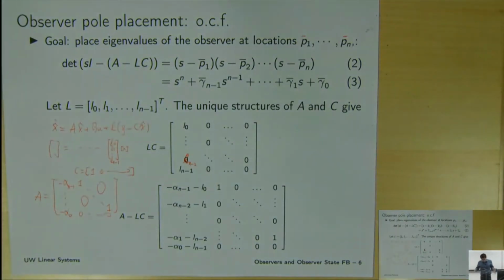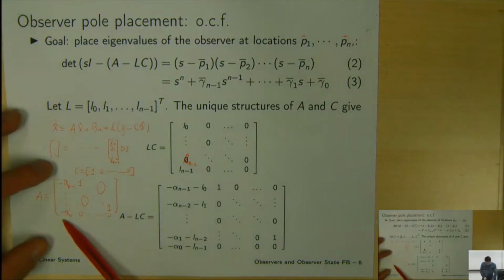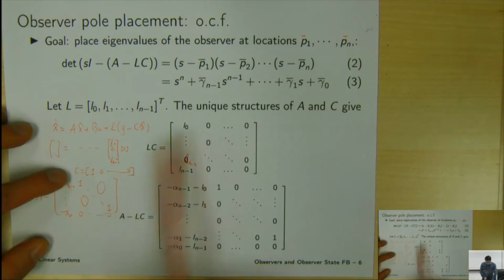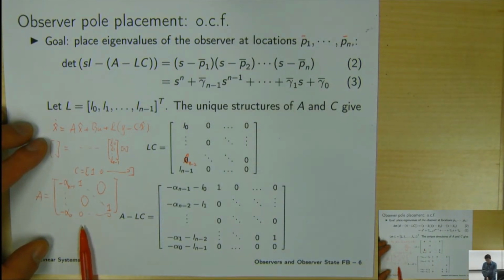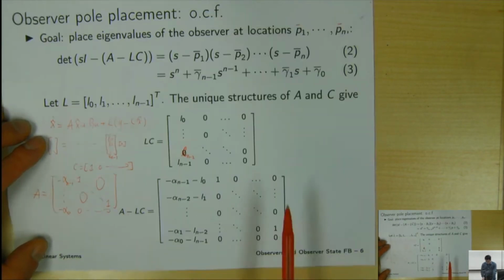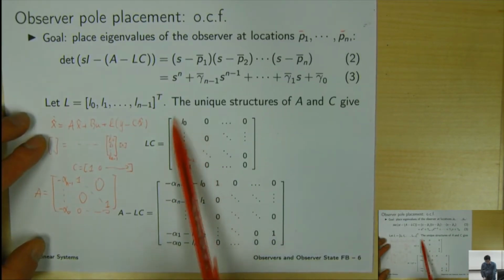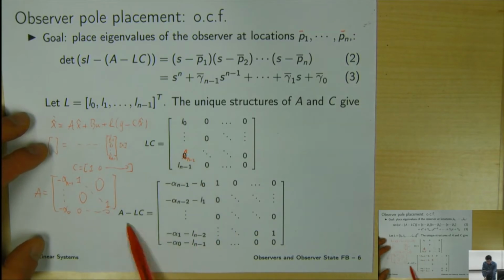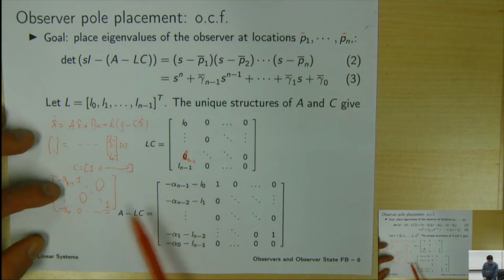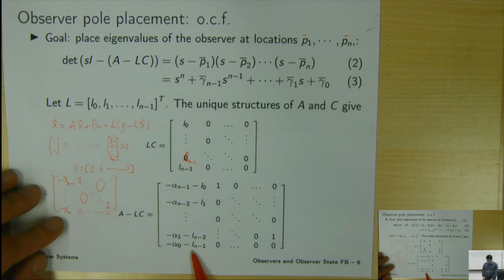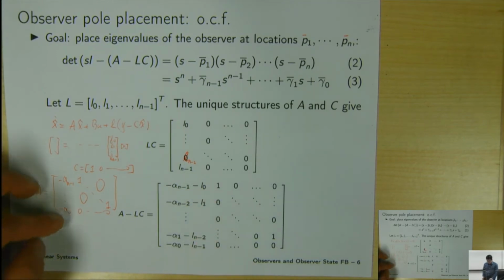We can see that A minus LC is not going to change any of the columns starting from the second column. All of these are going to remain. The only thing that changes is the first column. A minus LC is therefore negative alpha n minus 1 minus L0, negative alpha n minus 2 minus L1, all the way to negative alpha 0 minus Ln minus 1.